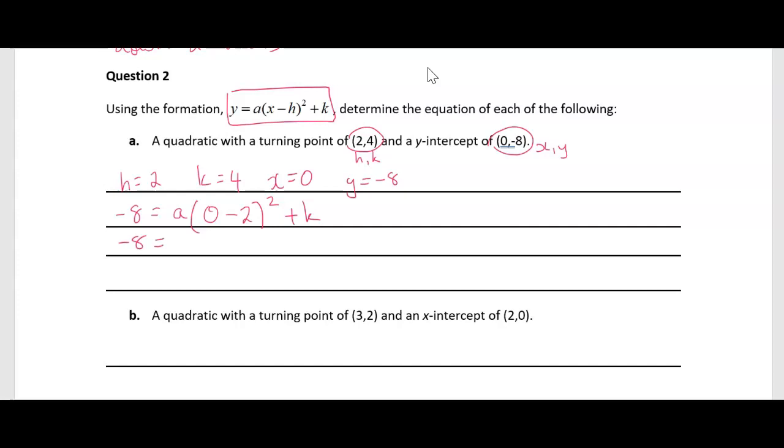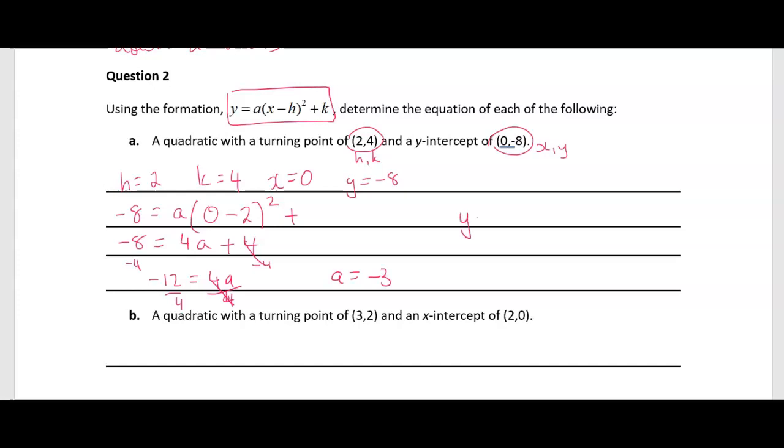So -2 squared is 4, so 4a, and I just realized we do have a value of k, which is 4 plus 4. Then we're just solving for a, so take 4 from both sides. So we've got -12 equals 4a, divide both sides by 4. So a is equal to -3.